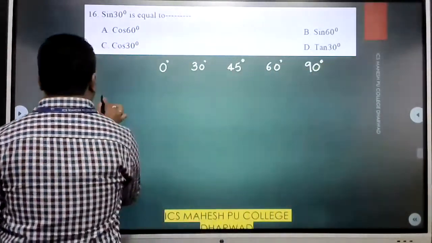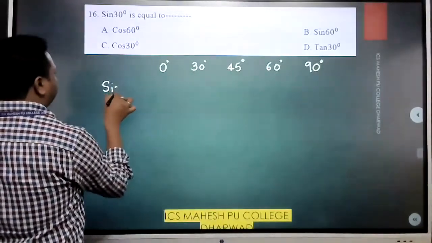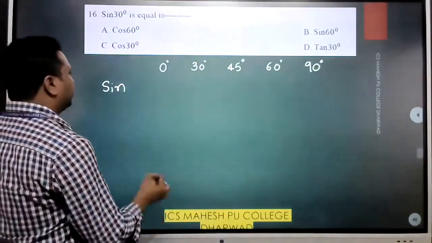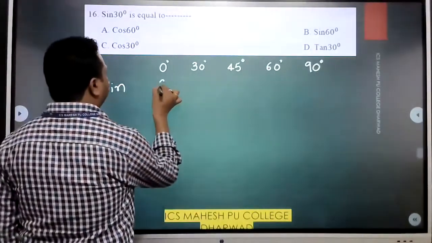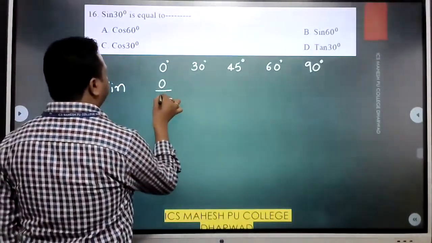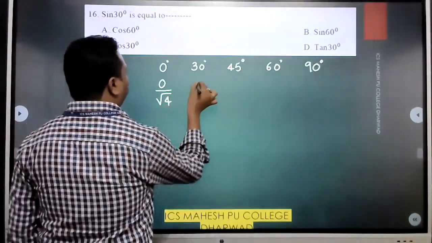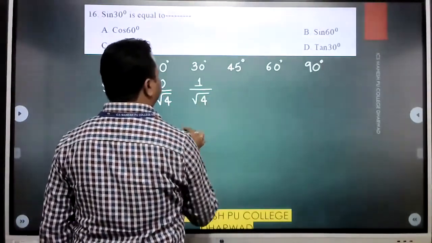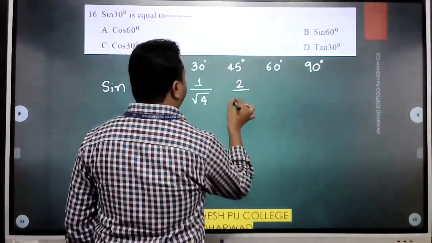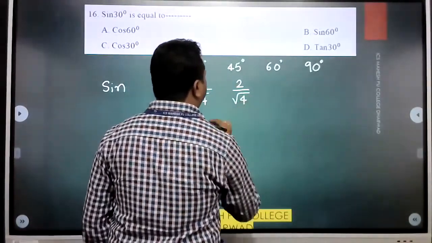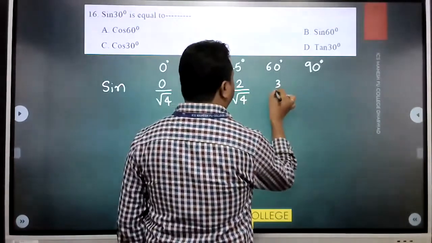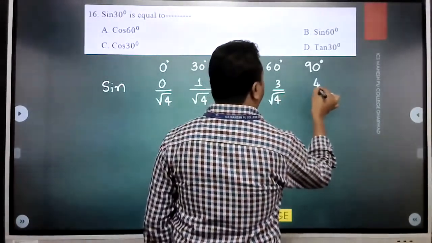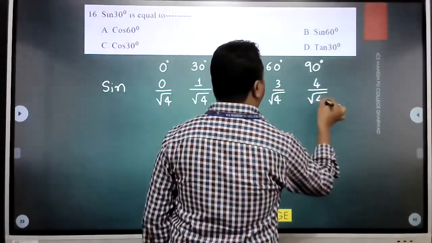Let me consider the sine function first. Sine theta, you can take sine 0 like this. Observe how I am writing: 0 divided by root 4, 1 divided by root 4, 2 divided by root 4, 3 divided by root 4, and 4 divided by root 4.